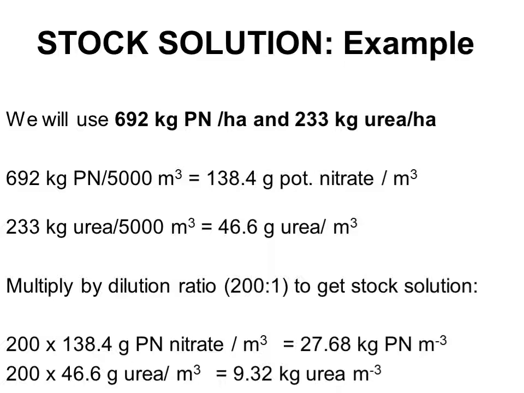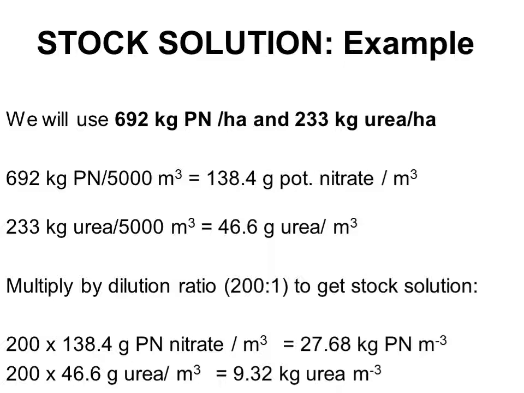So dividing this by this, we come up with the concentration that we will require in the irrigation water, 138.4 grams of potassium nitrate per cubic meter. And dividing the total amount of urea by the total amount of water, we come up with 46.6 grams of urea per cubic meter of irrigation water.